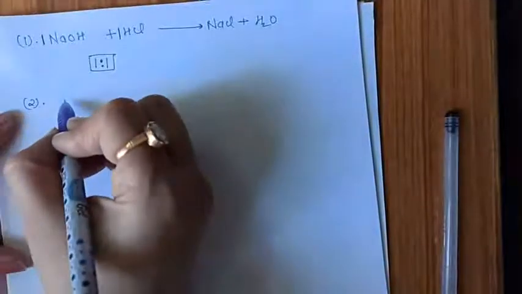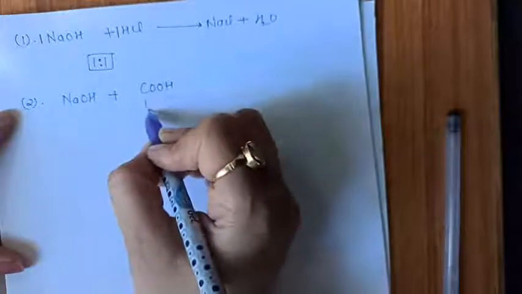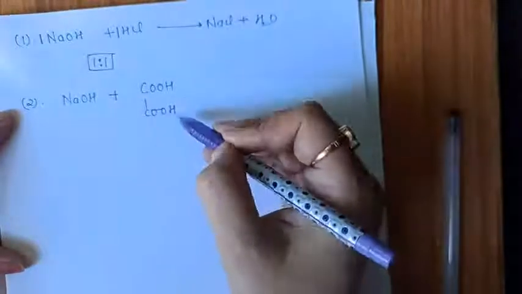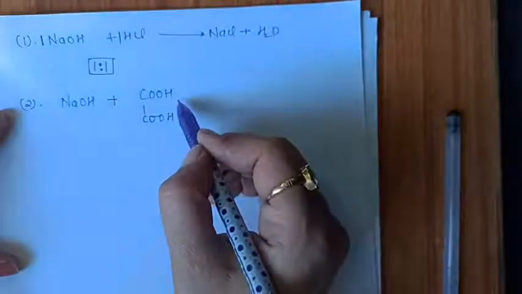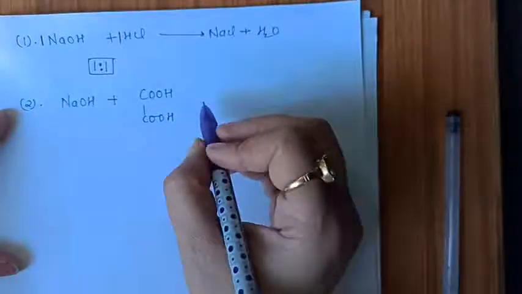Second possibility can be you take NaOH and in place of HCl you change it to a weak acid, that is oxalic acid. The formula for oxalic acid is this, and usually 2 molecules of water of crystallization are also there, so we write dot 2H2O, but as I am writing the reaction here, I am not writing that.